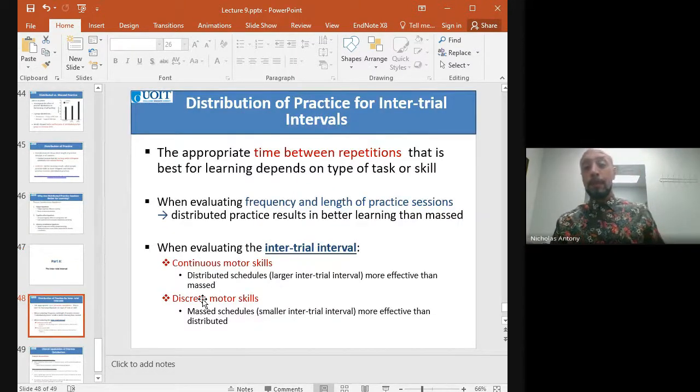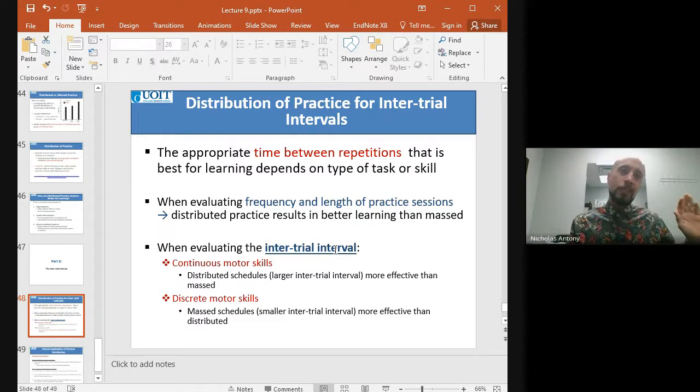The last point is talking about how much time you should wait between trials. Like in the last study, there was 4 days of 60 trials or 1 day of 240 trials. How long should you wait in between trials? So what are the variables to consider when evaluating inter-trial variability?